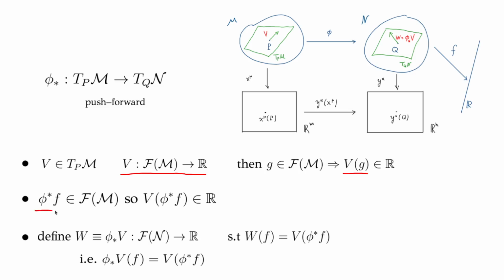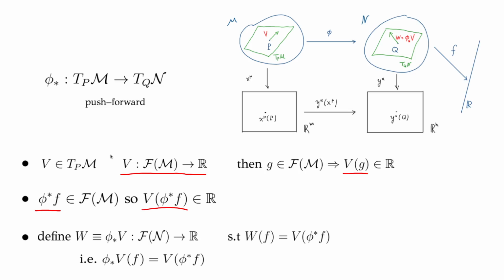The pullback of f, phi star of f, is a function on M. Therefore, we know how to compute its image under the operation of the vector v. That will be a real number.